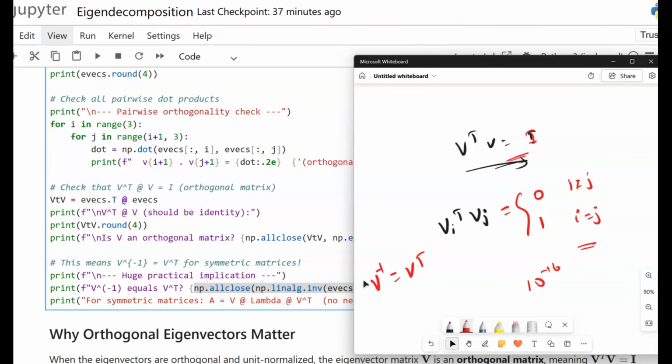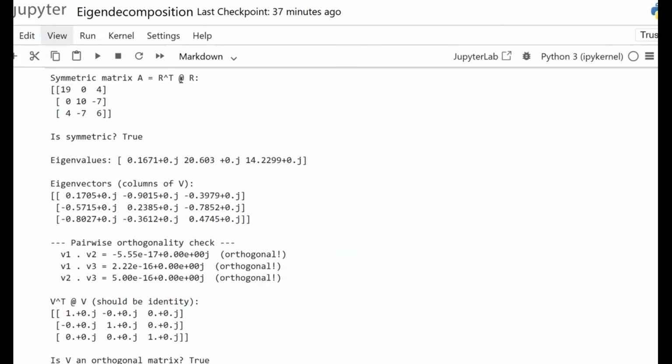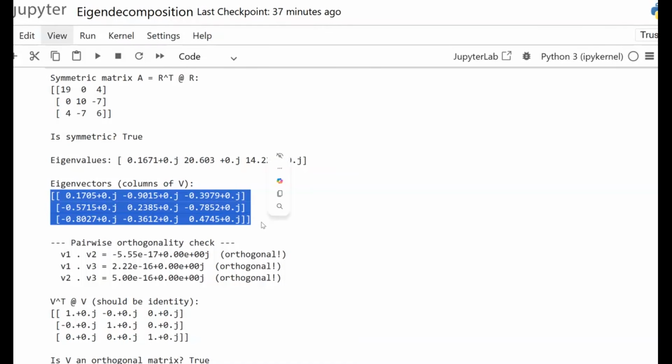Okay, so let me just execute. So yes, here we have the exact A, and yes, it is symmetric, and it is real. And when we go towards the eigenvalues, here also we get real and non-negative eigenvalues. And towards the eigenvectors, we get orthonormal vectors.